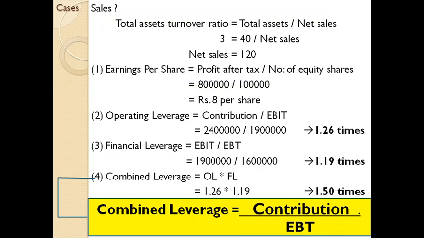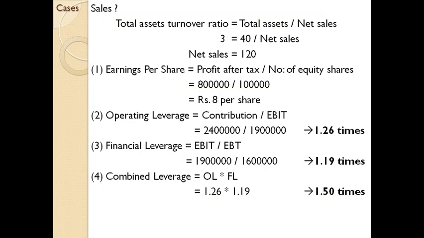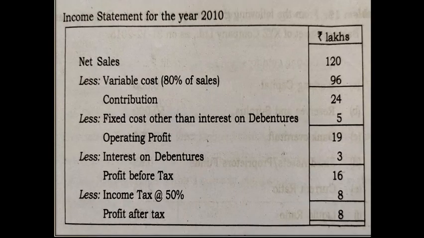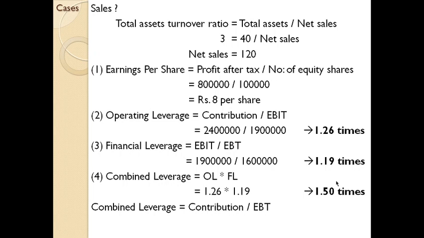Contribution divided by earnings before tax. So we already found contribution 24 lakhs and earnings before tax 16 lakhs. So 24 lakhs divided by 16 lakhs, you will get 1.50 times.